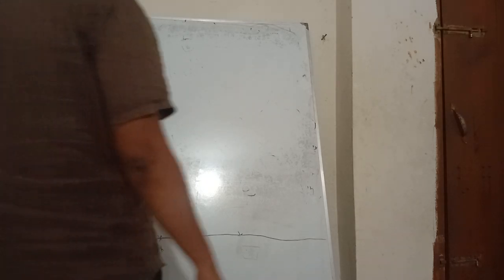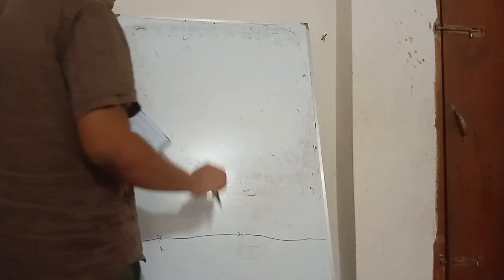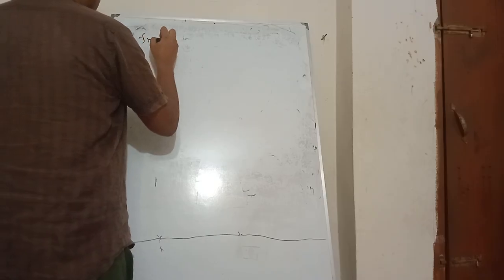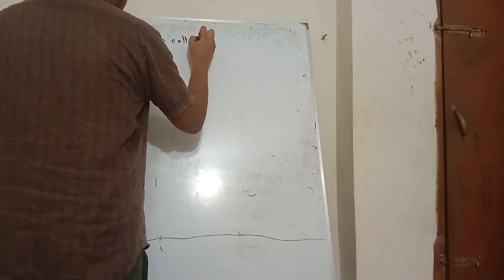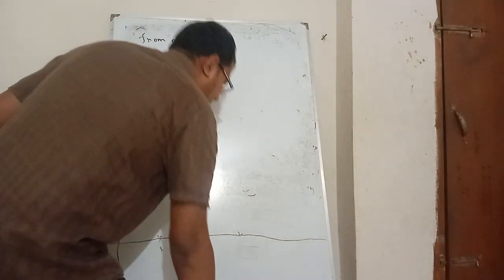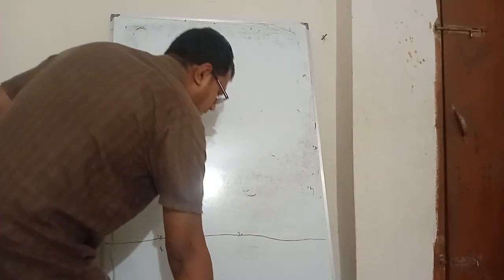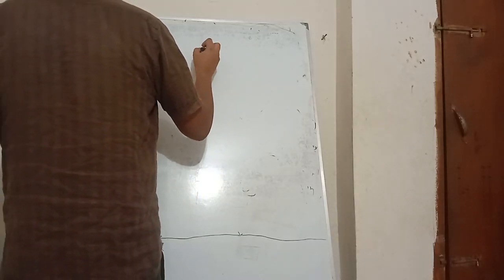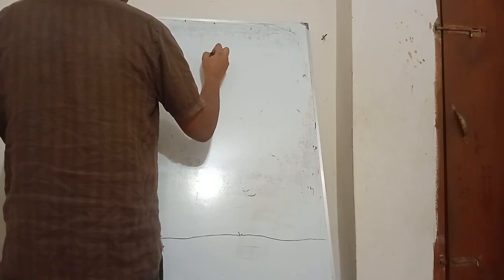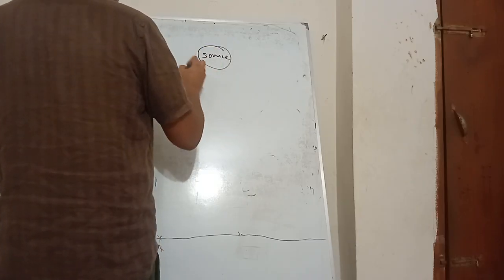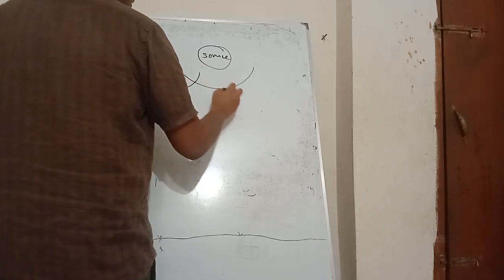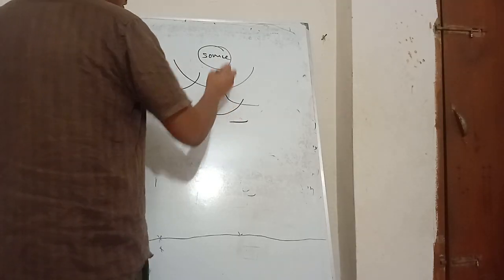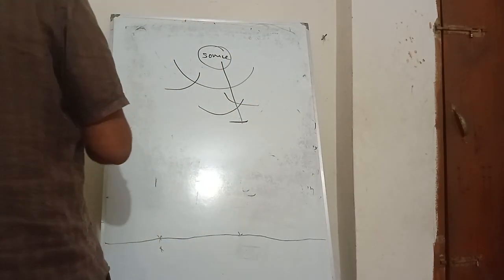Let's see how to implement this. We will simply perform BFS. Let's see the pseudo code first. From a starting source, we perform BFS, and thus we reach the destination, and this is the shortest path.